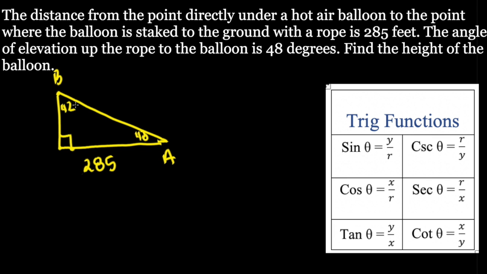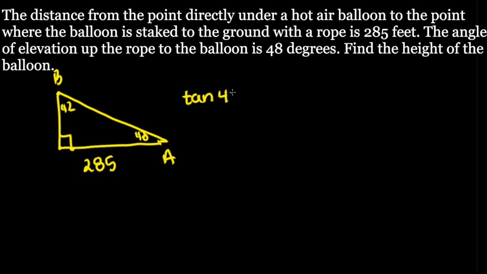Since the side we want to find can be also known as y in a graph, and the other side that we know is x, the trig function that we want to use is tangent. So our equation is going to be tangent, right here, of 48 is going to equal the length over here as y that we want to learn over x, which is 285.